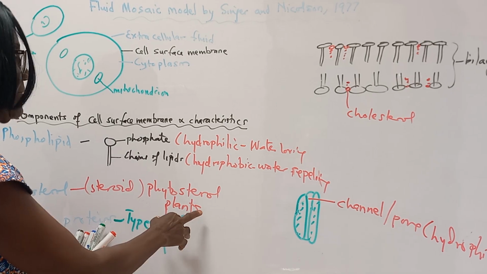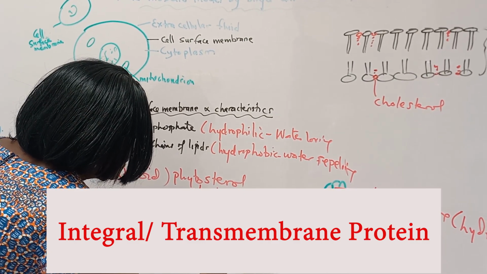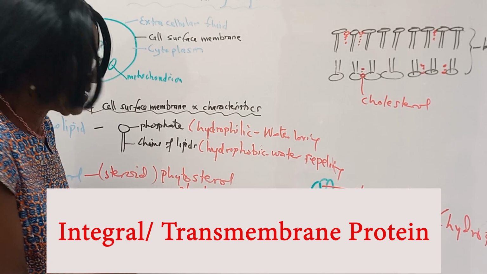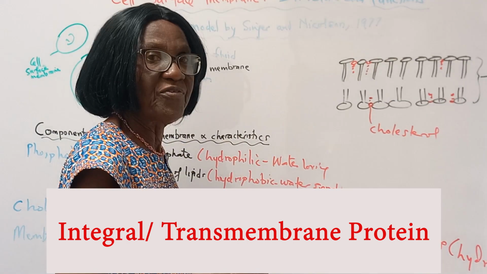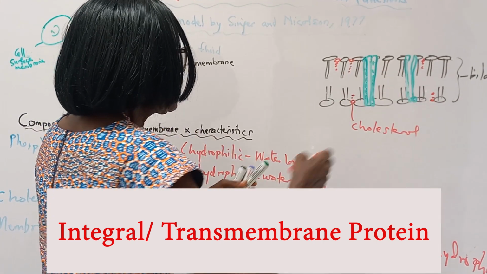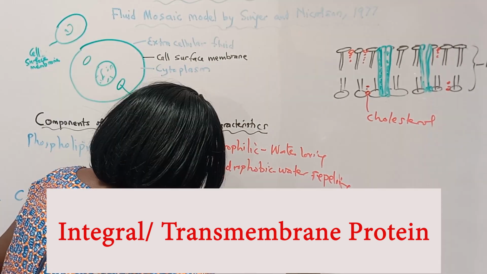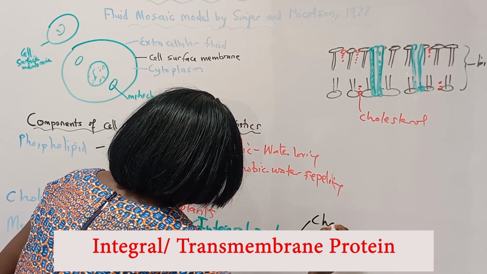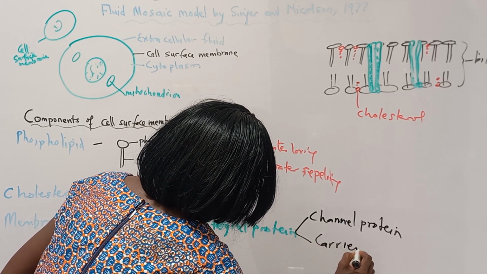There are different types of proteins. One type is integral, and the integral protein is a protein that spans the whole length of the membrane. So I have an integral protein, it spans the whole length of the membrane. There are two types of integral proteins. One is called the channel protein, and another type is the carrier protein.